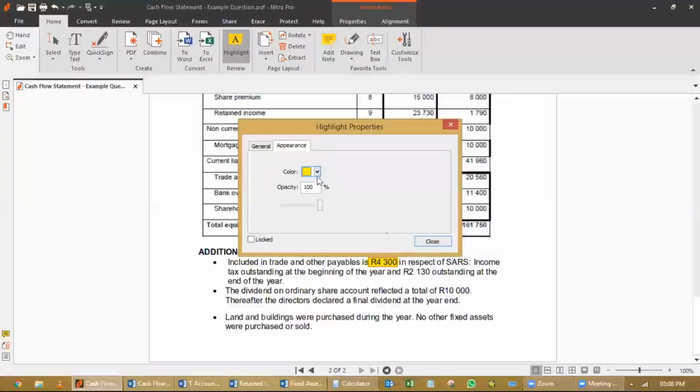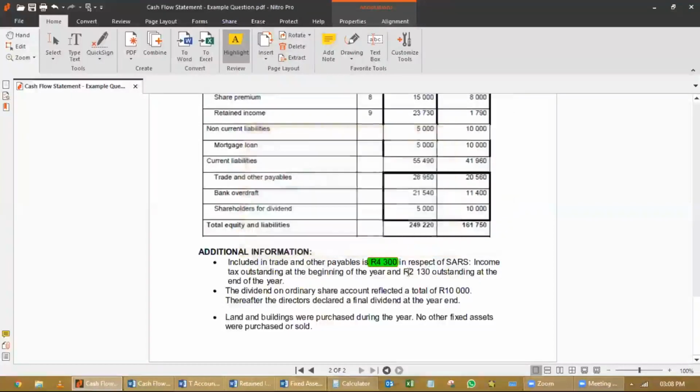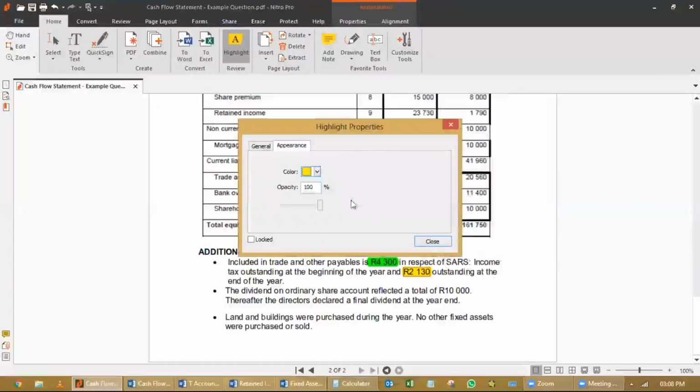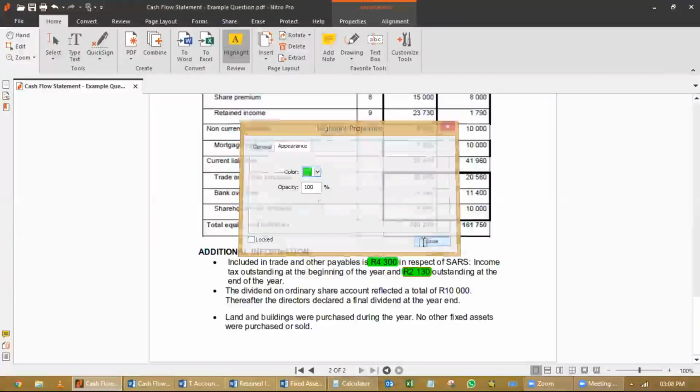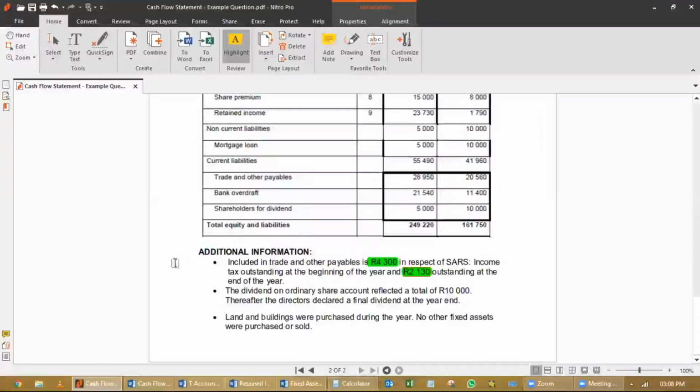But I want to show you another tip. We know that these two things are for SARS. Sometimes we forget about this additional information when we're running through these figures.